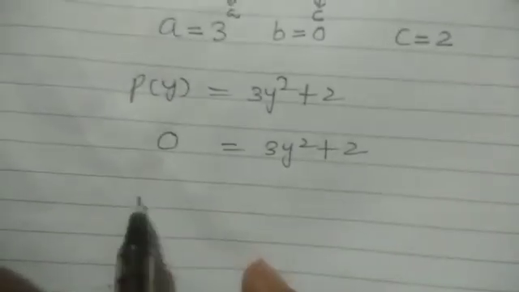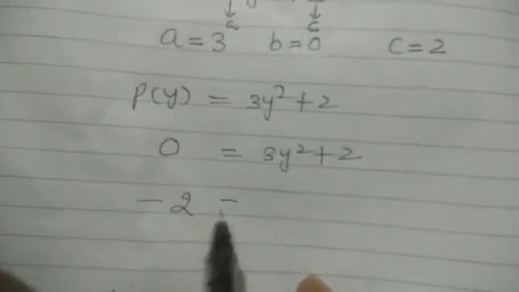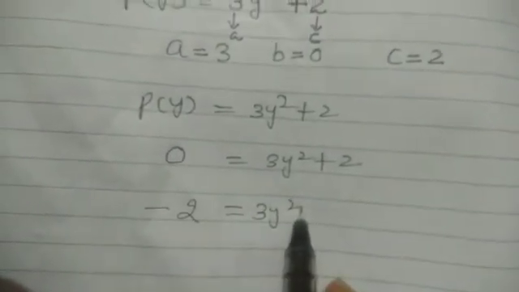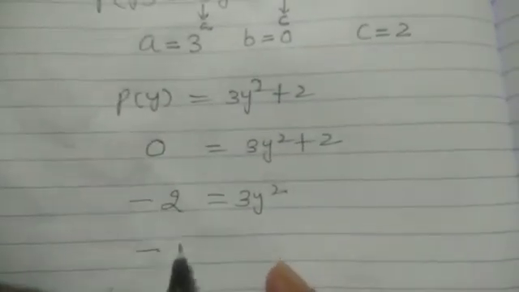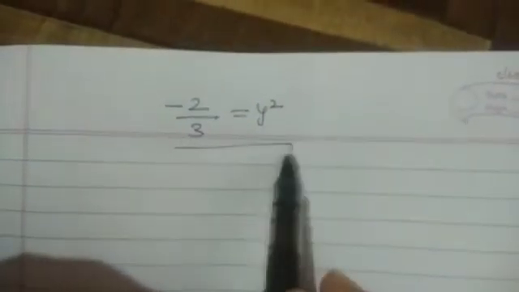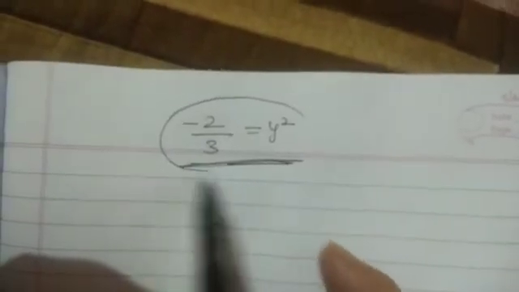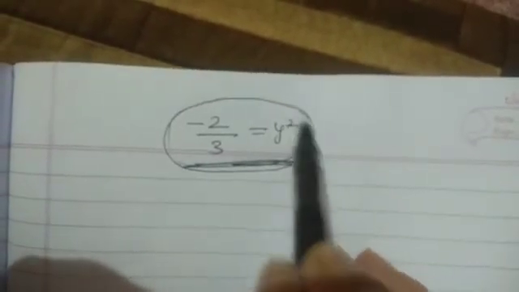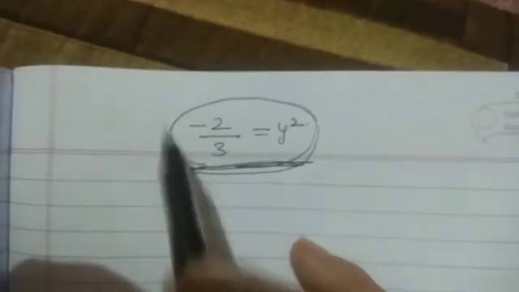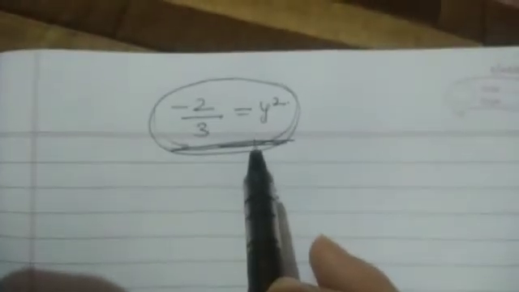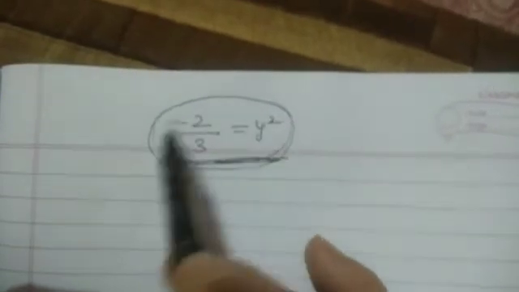Now minus 2 equals 3y square, and minus 2 by 3 equals y square, so y square equals minus 2 by 3. This is not possible, because the square of any number cannot be negative. This type of question will not be asked in your 10th class. This is beyond your syllabus. So we will take another example.